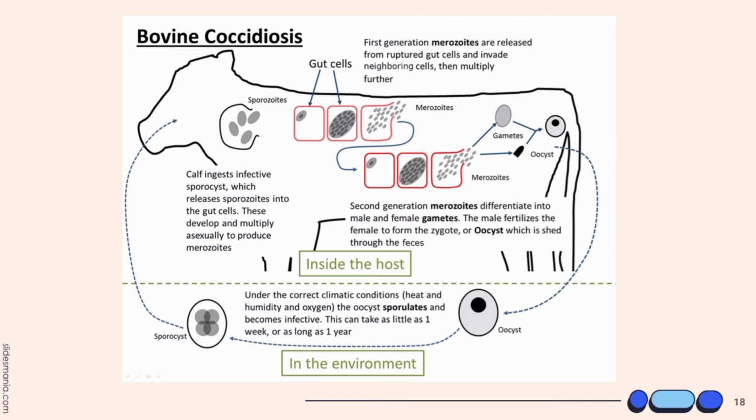This damage can be especially severe when caused by species that develop within cells in the lamina propria. Zoites are also found in the extraintestinal tissues such as mesenteric lymph nodes, liver, or spleen of the definitive host. These resting or latent stages are not thought to cause any clinical disease.